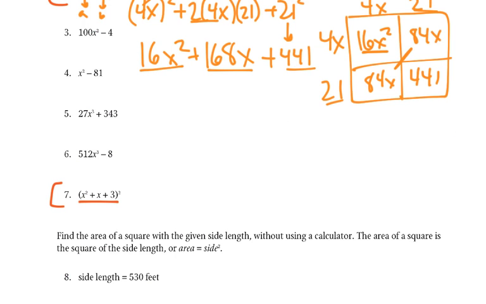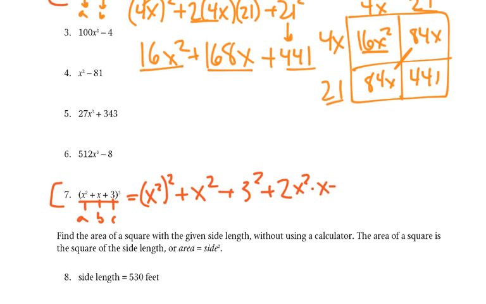Okay, so that would be A, B, and C. So for this one, it would be x squared squared plus x squared plus 3 squared plus 2 times AB, x squared times x, plus 2 times BC times x times 3, plus 2 times AC, x squared times 3.